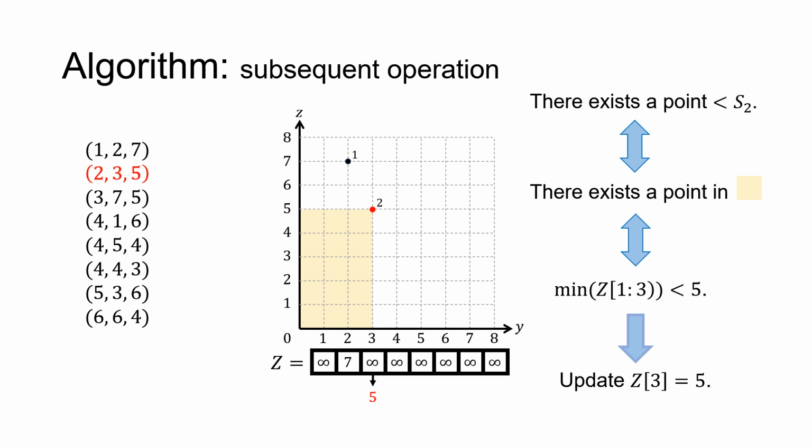In this case, the value is 7, which is not less than 5. Therefore, the pair S1 and S2 is not the required one. To add S2 to the diagram, we update z of 3 to 5.